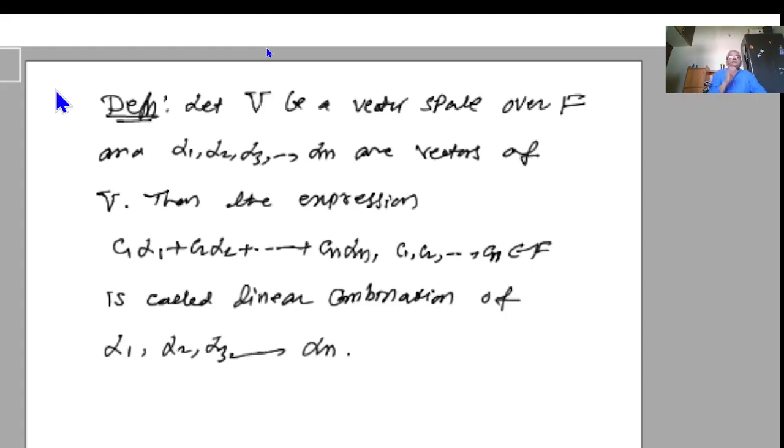This is the definition of linear combination.